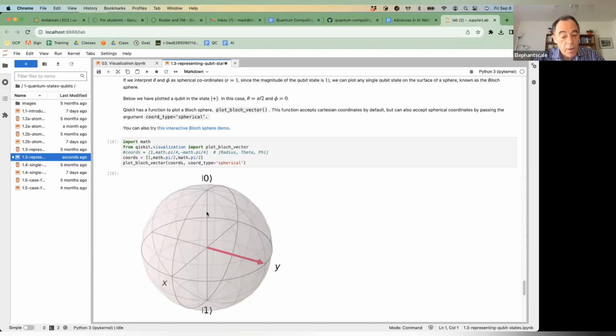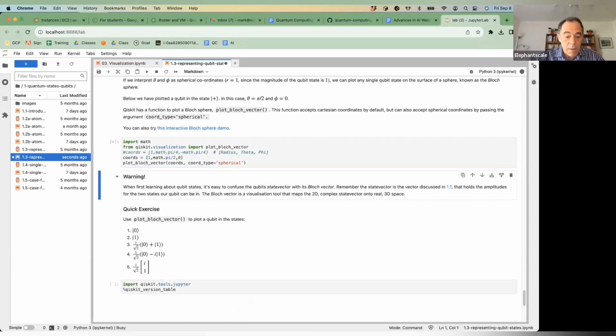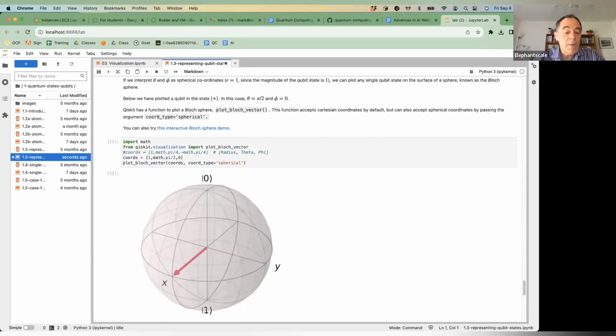Okay, we moved it this way and this way and that way. So what if we put 0 here? Amazing, but we see what's going on. So we go from here to here.